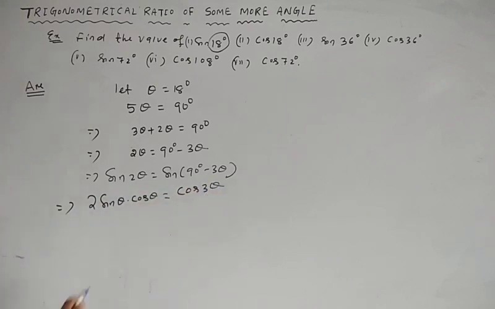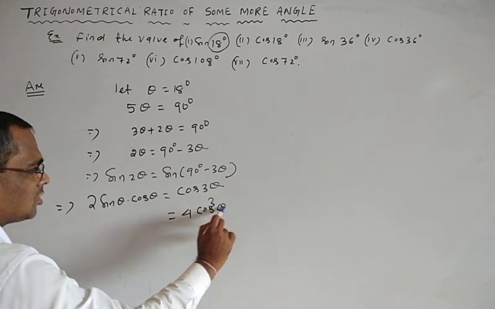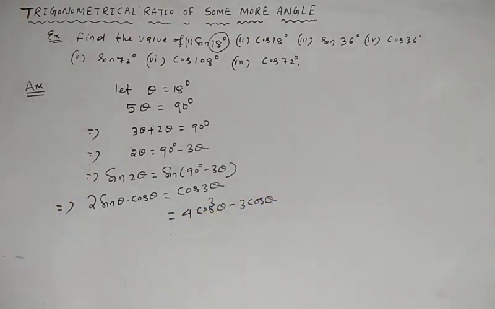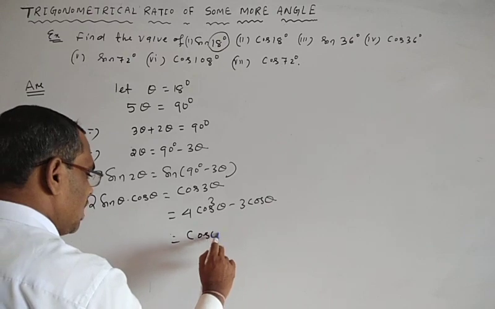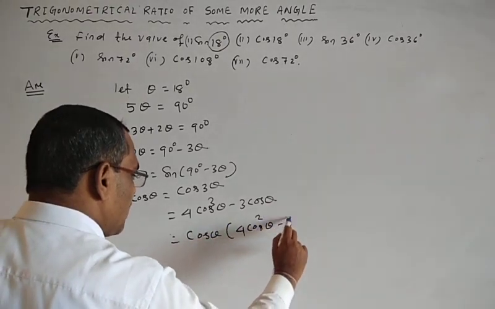Okay, so cos 3 theta, you know also, is equal to 4 cos cube theta minus 3 cos theta. So 2 sin theta into cos theta is equal to 4 cos cube theta minus 3 cos theta. Take cos theta common, so this is equal to 4 cos square theta minus 3.